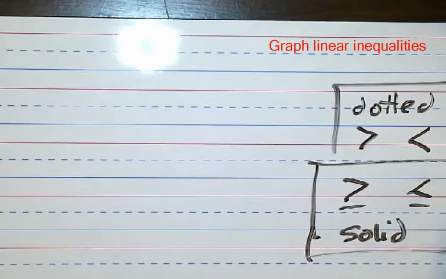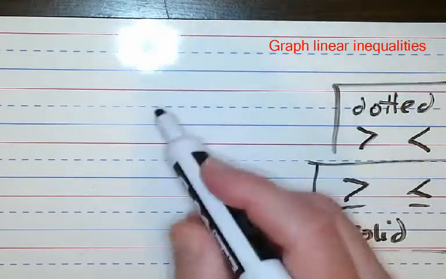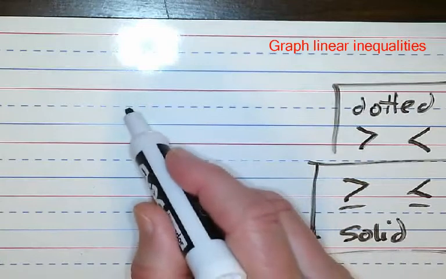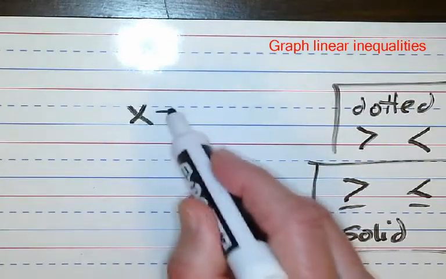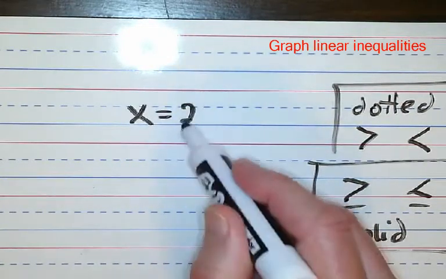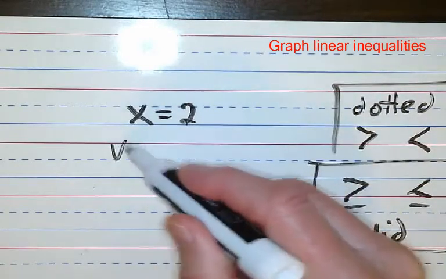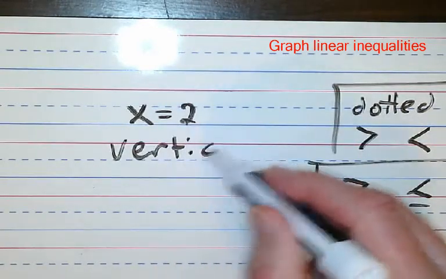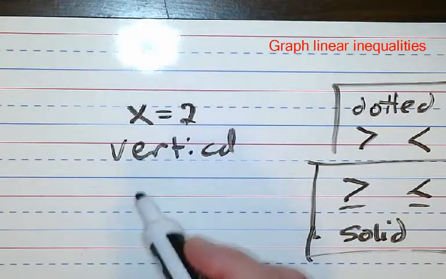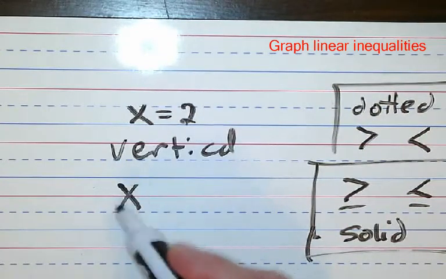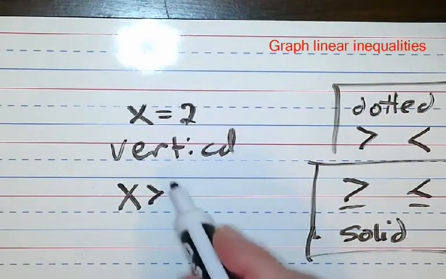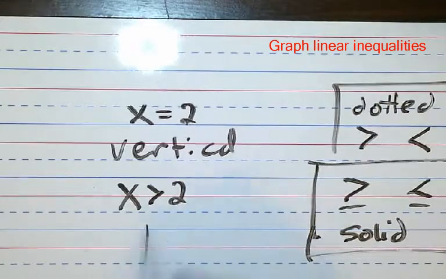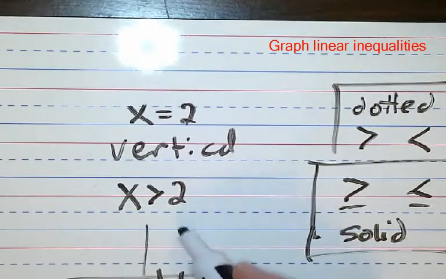Now then, we have to remember a couple of things. One of those things is that if you have x all by itself, like x equals a number, that's a vertical line. So if I was saying x is greater than 2, I'd have to have a dotted line at 2.